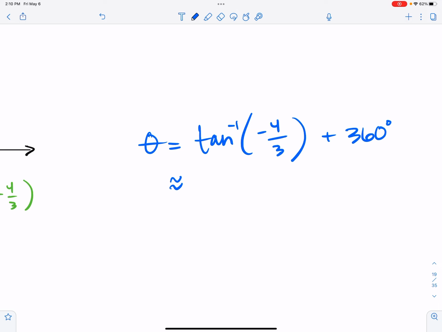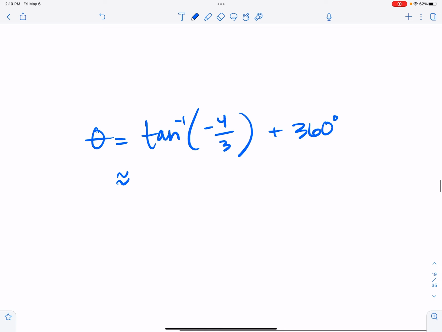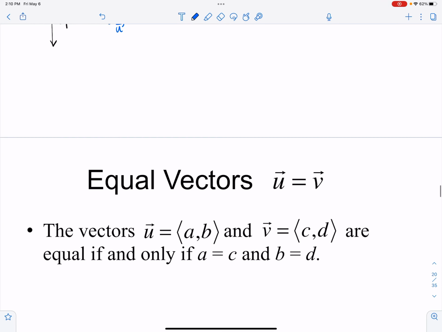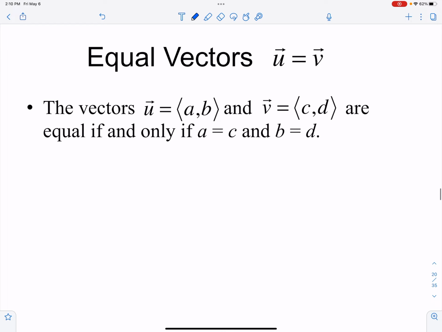That would be the exact value of the angle, and if you type that into your calculator, you get approximately 306.870 degrees. That would be the approximation of the direction angle, and the exact value.